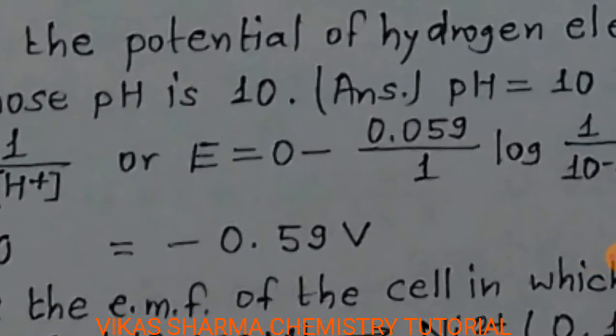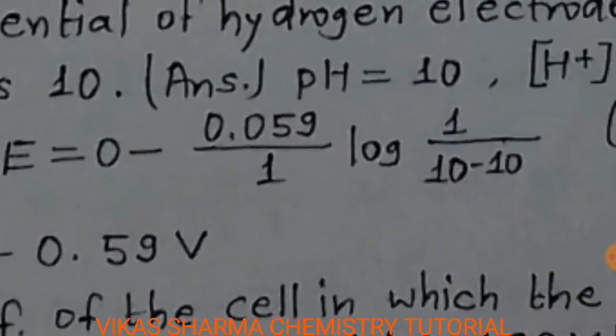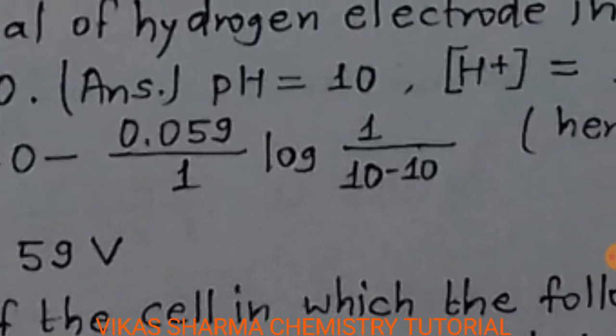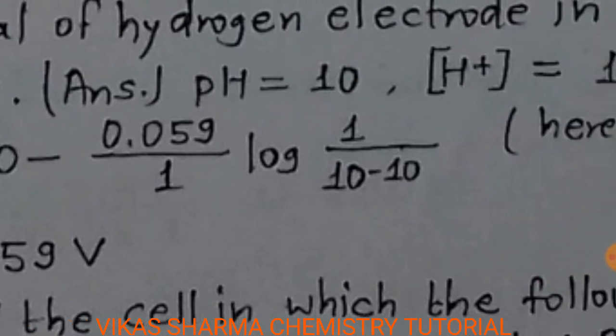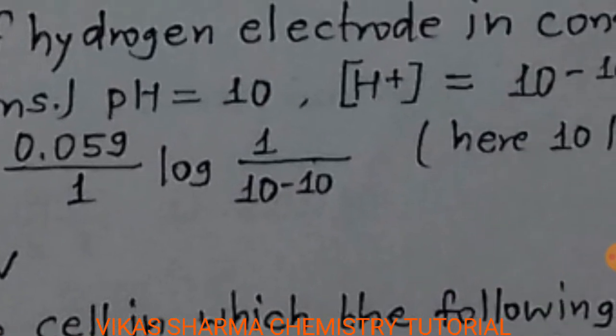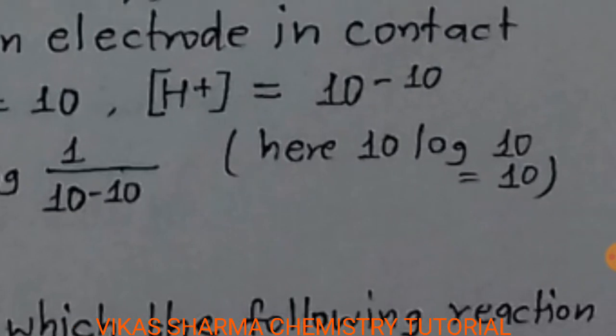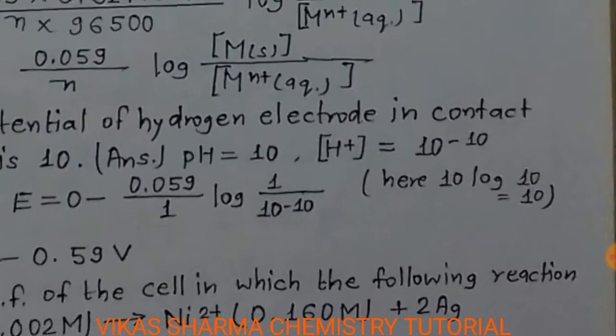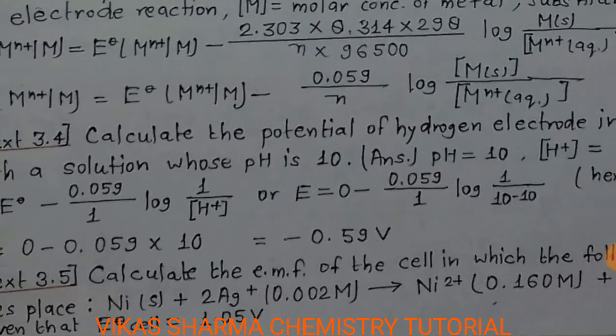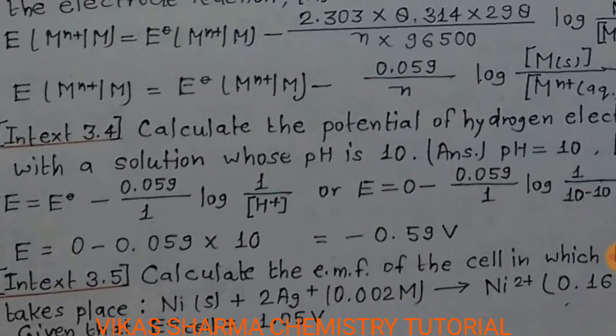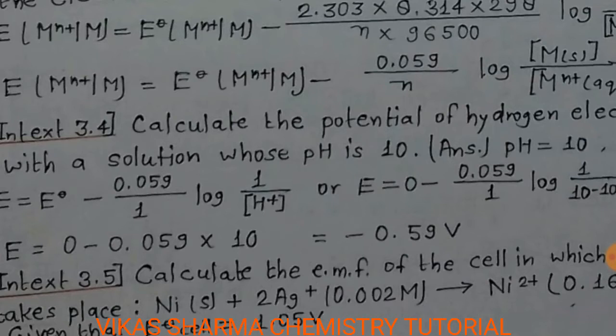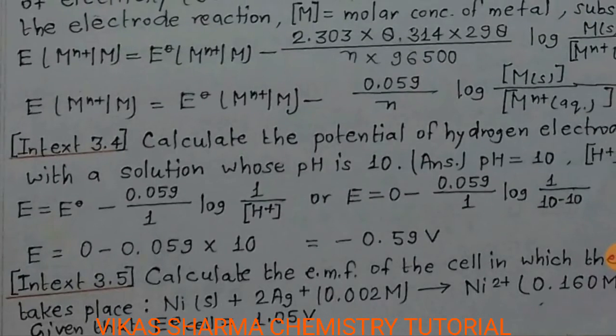So we put the values: E equals 0 minus 0.059 divided by 1, then log of 1 divided by 10 to the power minus 10. Here we convert it into a positive integer, log 10^10 is equal to 10. So after the multiplication, the electrode value of the hydrogen electrode is 0 minus 0.059 multiplied by 10, and the answer is minus 0.59 volt.